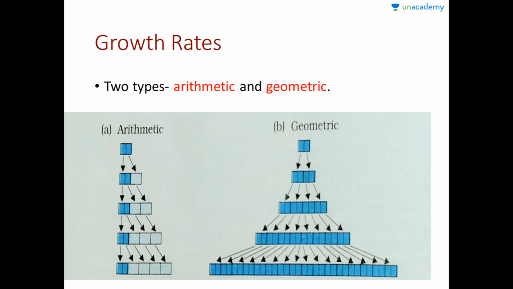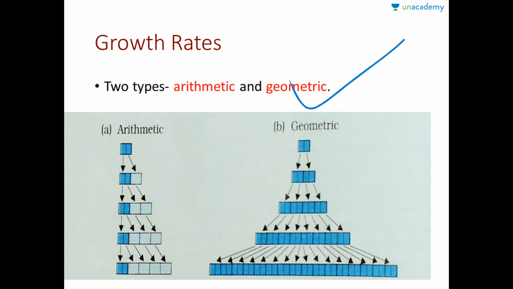Now, if we talk about the growth rates, there are two types of growth rates qualitatively, that is arithmetic and geometric. This picture that I have put up clearly explains it. No more description is required to make you understand what arithmetic or geometric growth is.